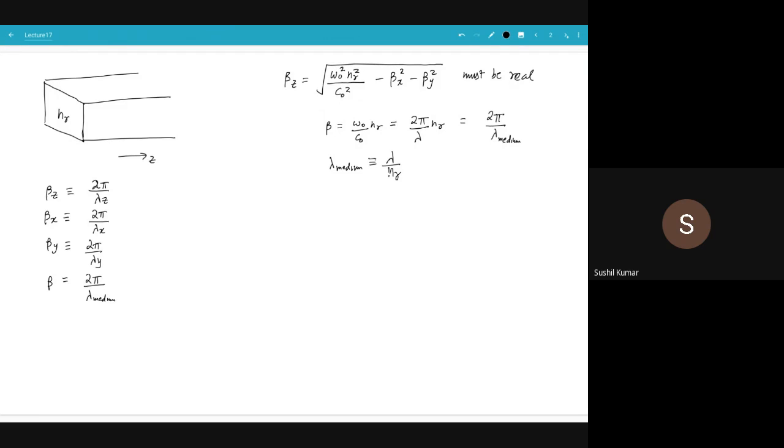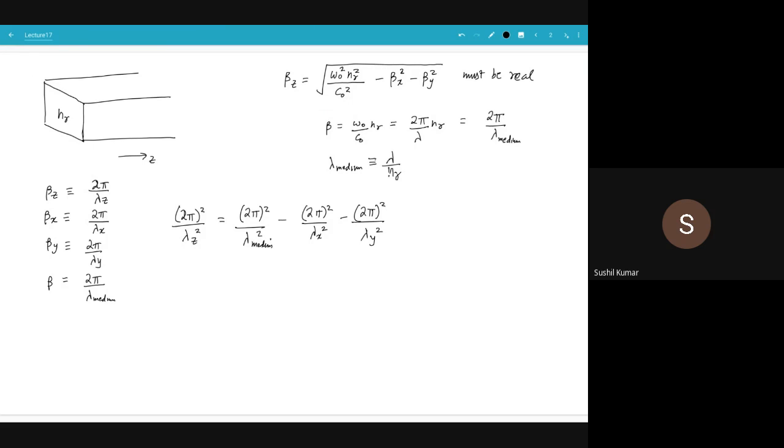Why am I doing this? If I do this, I get (2 pi) square over lambda z square equals (2 pi) square over lambda medium square, minus (2 pi) square over lambda x square minus (2 pi) square over lambda y square.